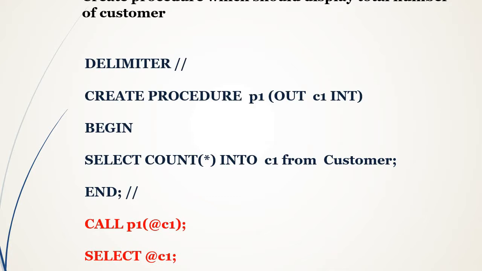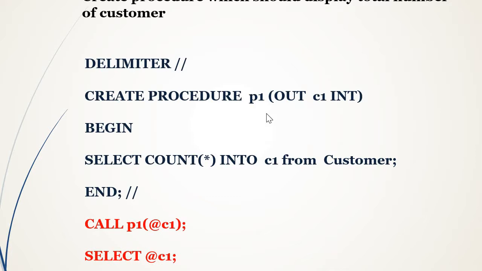Now after creating a procedure, you have to call the procedure. You have to explicitly call the procedure, otherwise it will never execute. It is just stored in the DBMS. Using call, you can call the procedure. So if I want to call the procedure, I write call and then the procedure name.